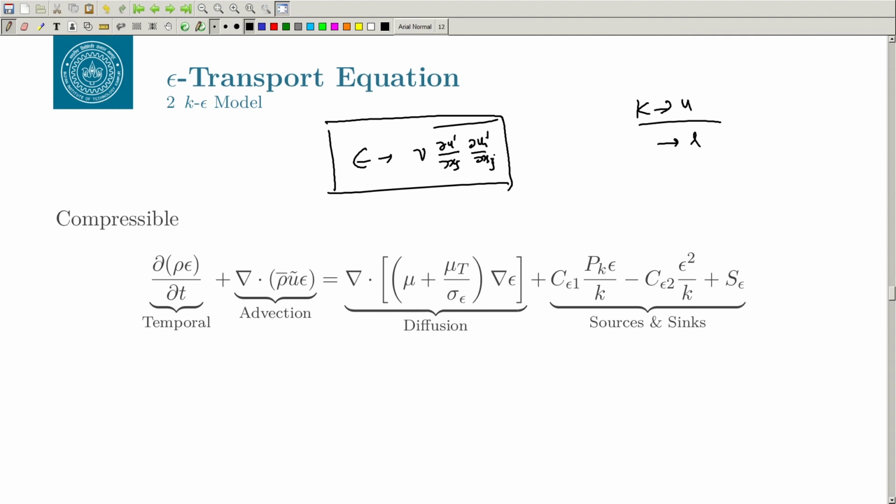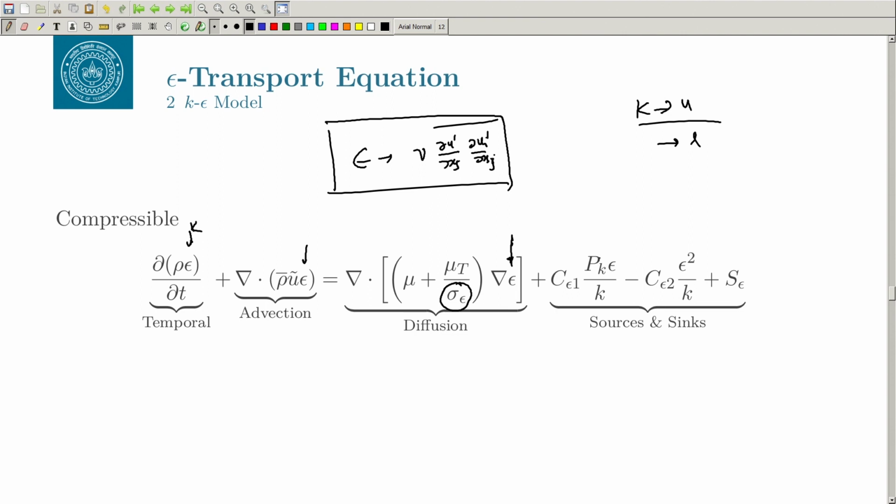Because we cannot derive it from first principles, we will follow the same pattern as the turbulence kinetic energy. We will have the temporal term, replacing k with epsilon. We have the advection term, replacing k with epsilon. Then we will use a different coefficient here, sigma epsilon, and this is the diffusion of the dissipation rate.